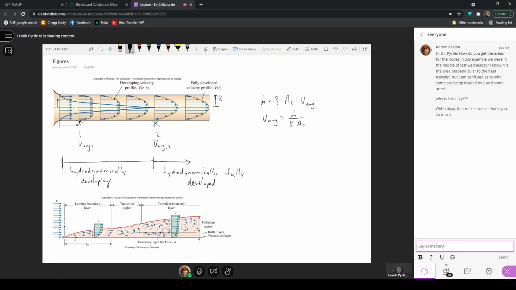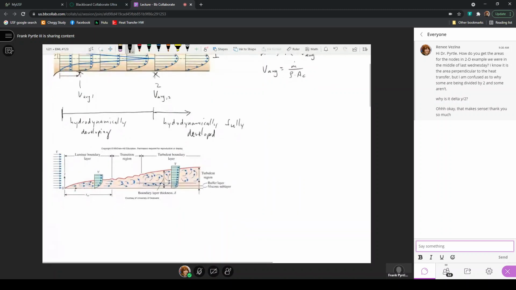Now, this is also another familiar expression of the laminar and turbulent boundary layers that exist for the hydrodynamic problem.